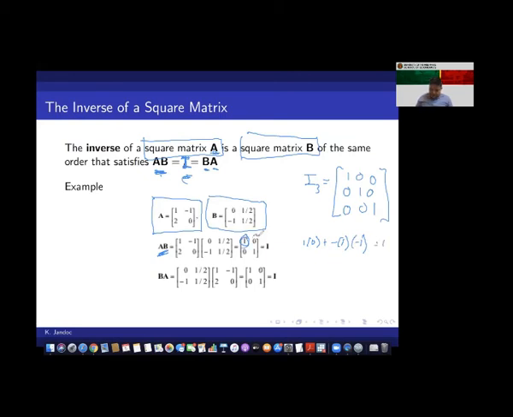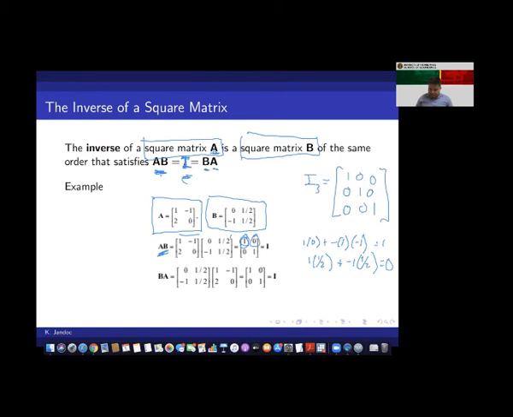How about this entry over here? It's the inner product of the first row of A and the second column of B. So it's 1 times 1/2, plus -1 times 1/2. So it's 1/2 minus 1/2, which is equal to 0. That's why you have a 0.